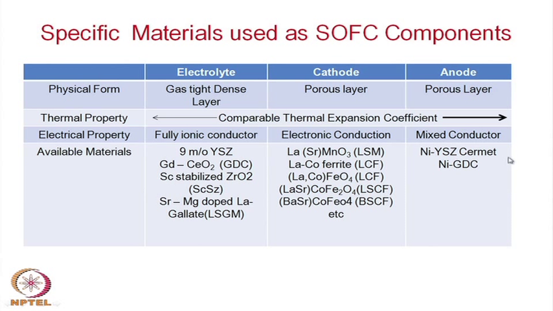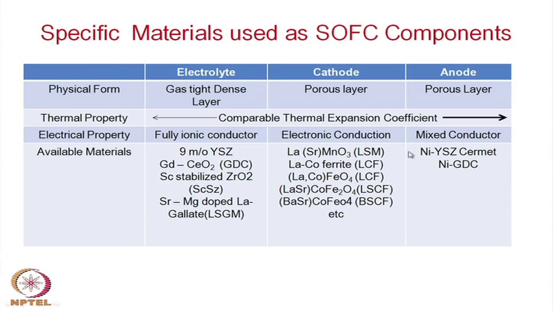But more importantly, why we need a cermet? If we are talking about the electronic conductivity, then only nickel could have been used, but the problem is nickel has a much higher thermal expansion coefficient because it is a metal, whereas this is ceramic.